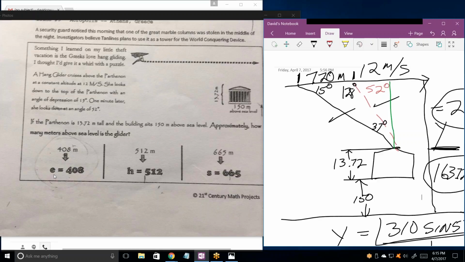Okay, so I'm sending one more from the same packet. And there's an answer filled in on this one, but I'm pretty sure I got it incorrect. All right.